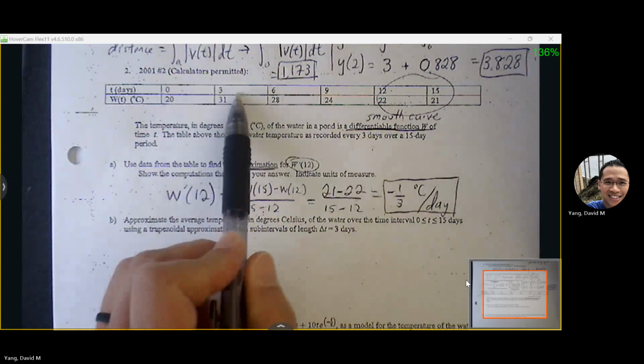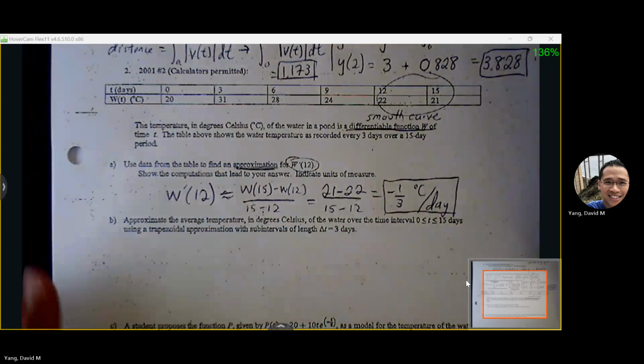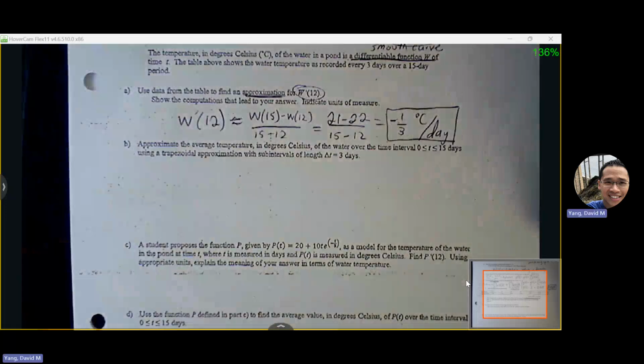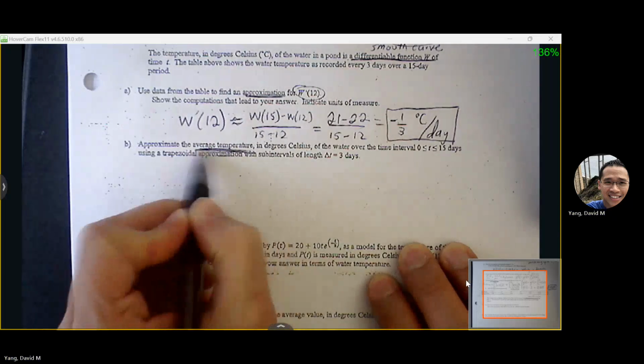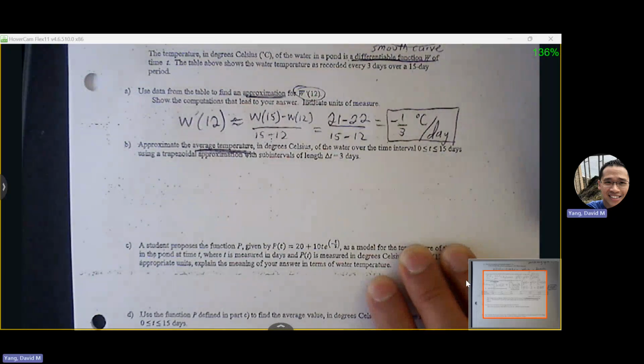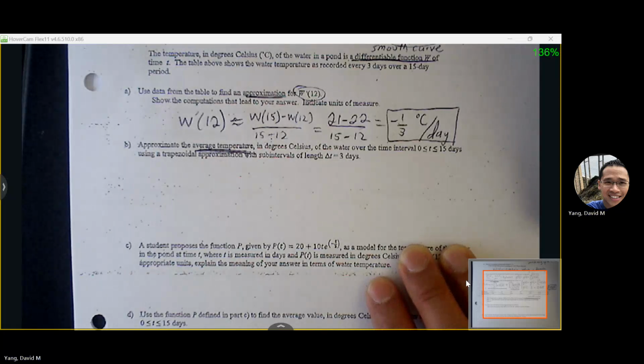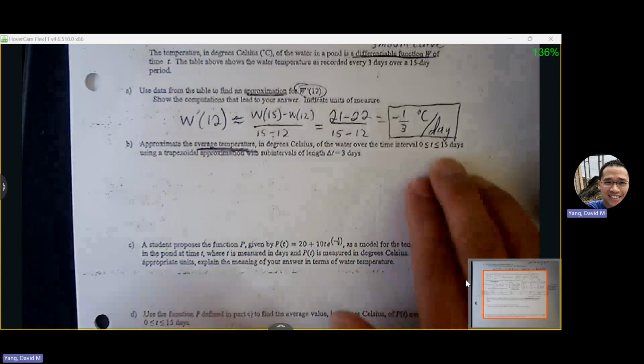Okay, so part B, approximate the average temperature. So average temperature, that's basically the average value of the temperature using trapezoid approximation between 0 and 15. I'm going to adjust this here.